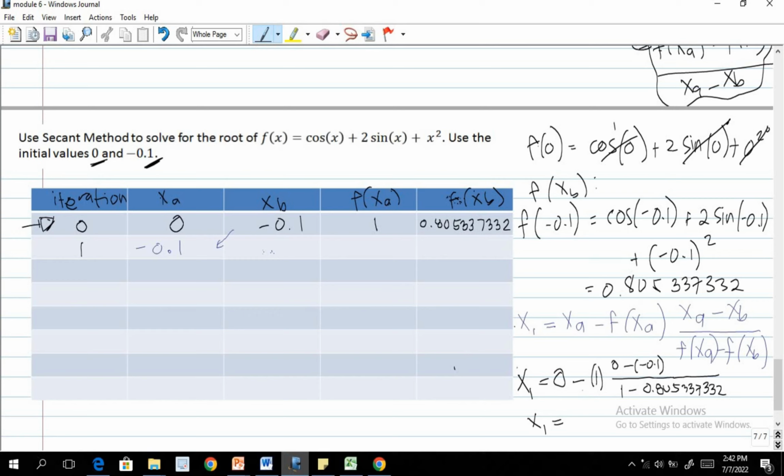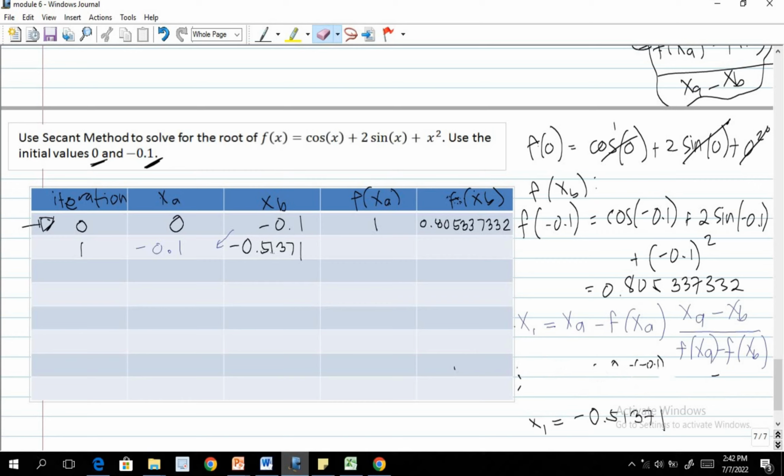Ang lumabas is negative 0.51371. Okay? So, yan ngayon yung value ng aking xb sa may iteration 1. Negative 0.51371. Nasundan ba? Nasundan ba natin? Okay? So, pag medyo nalito kayo, go back to this video, i-lock yun na lang. Okay?